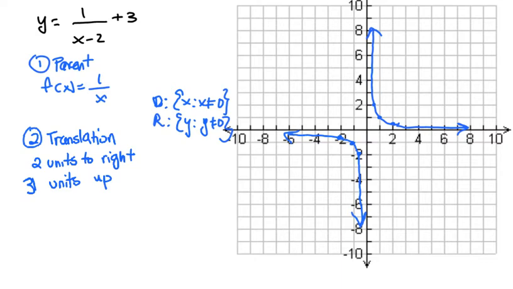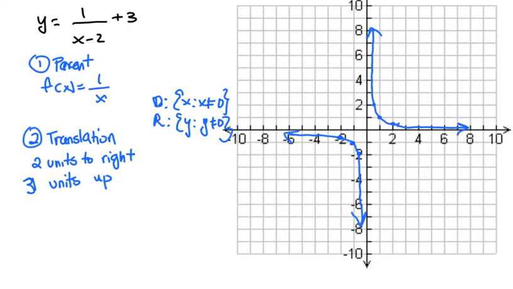From the values right here, x minus 2 and plus 3, this is the horizontal translation and this is the vertical translation.